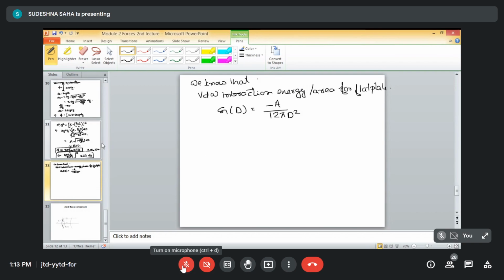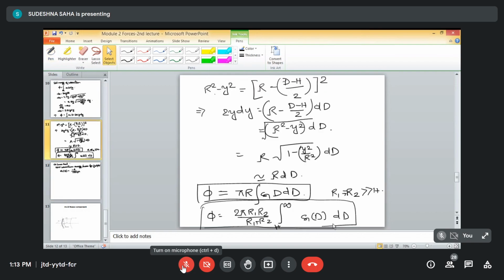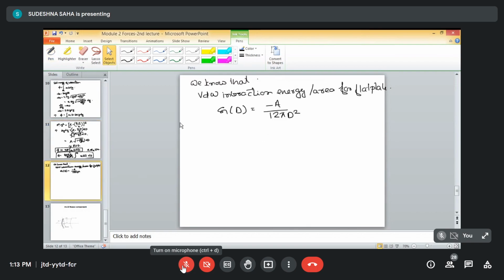So from Derjaguin's approximation, this G(D), we can write the Van der Waals attraction energy for two spherical particles which are separated by a very small distance h, or very small distance d, and which have a bigger particle size.